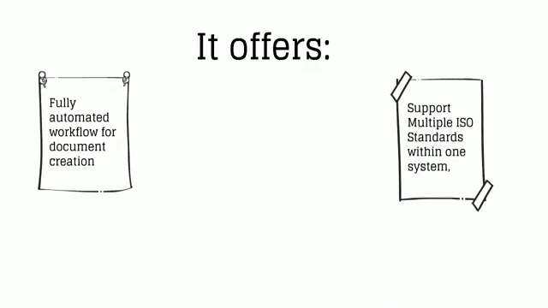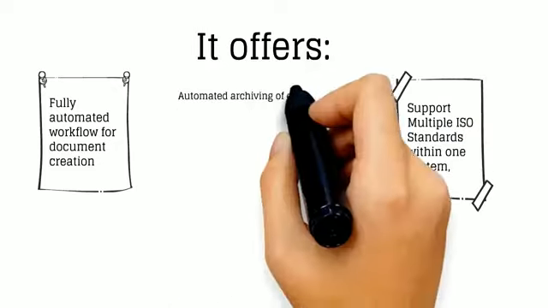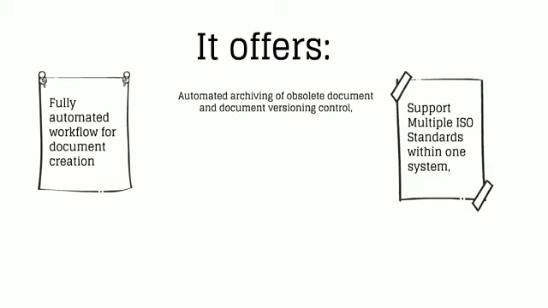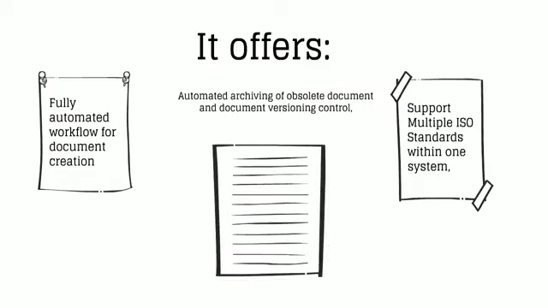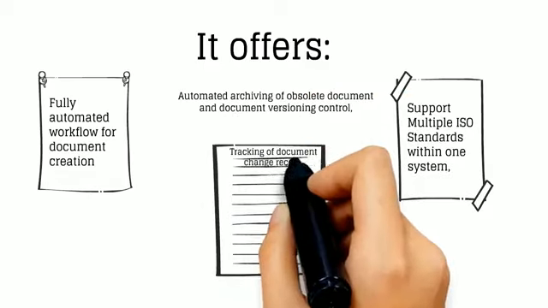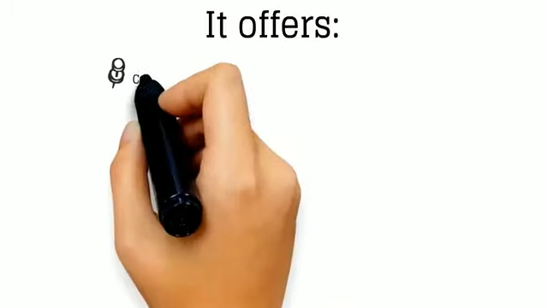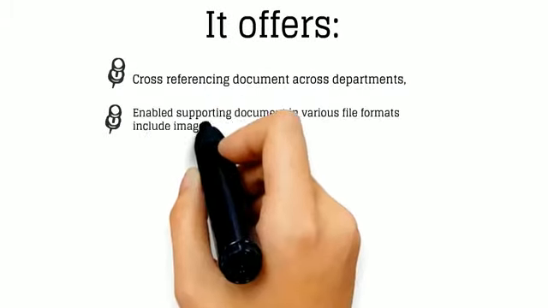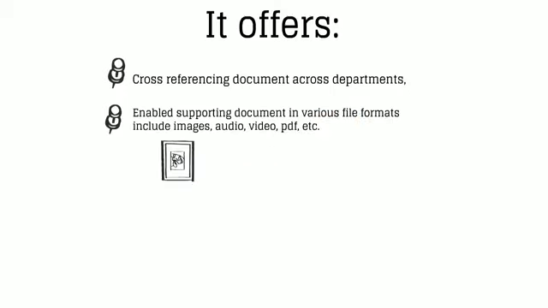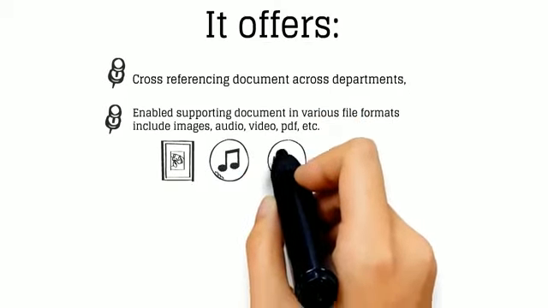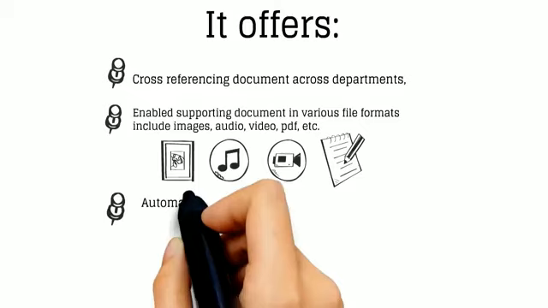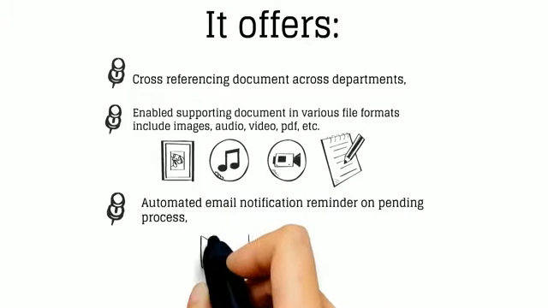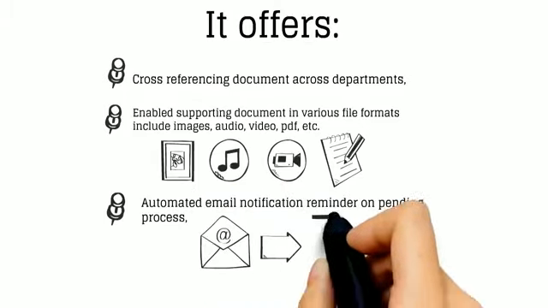Support multiple ISO standards within one system, automated archiving of obsolete documents and document versioning control, tracking of document change record, cross-referencing a document across departments, enabled supporting documents in various file formats, including images, audio, video, PDF, etc., automated email notification reminders on pending processes.